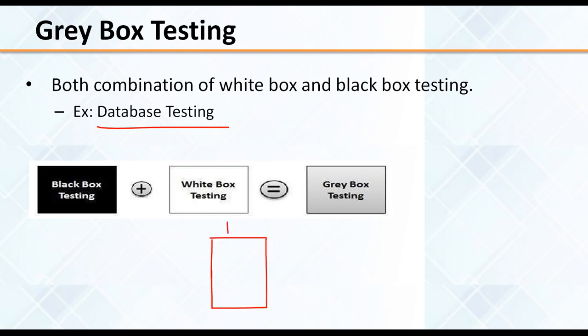I need to enter all these details. As a user, I want to test this scenario. I'll enter all the details, submit, and then I will get an acknowledgement: your details are submitted successfully.